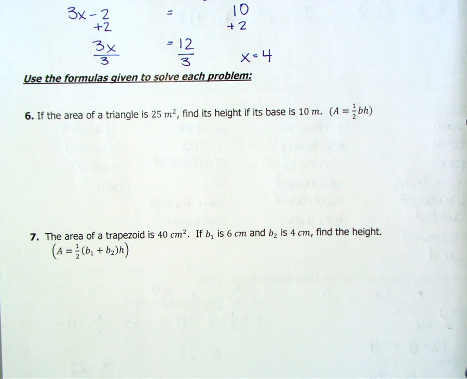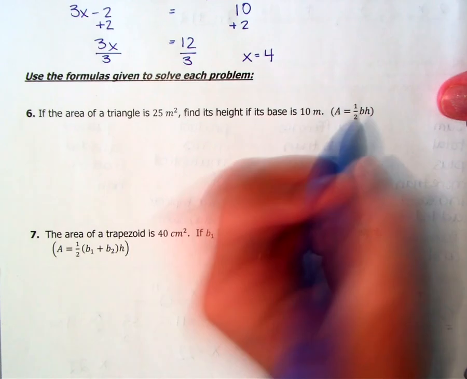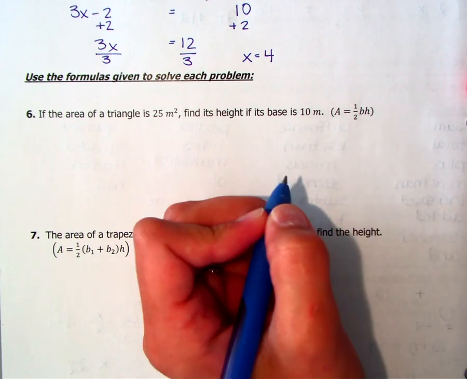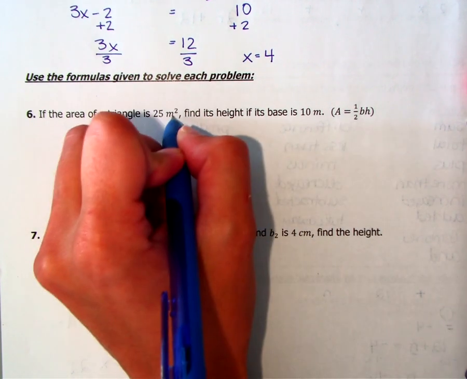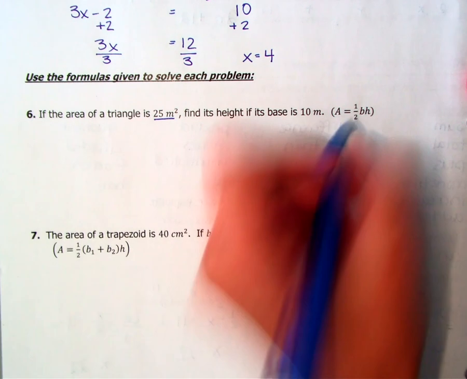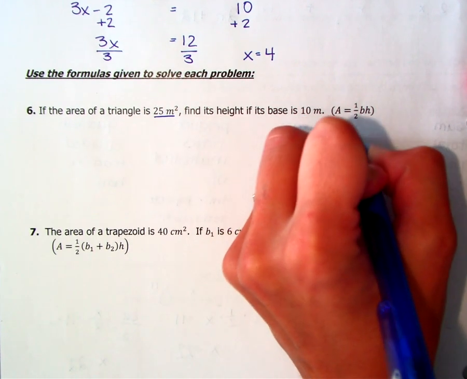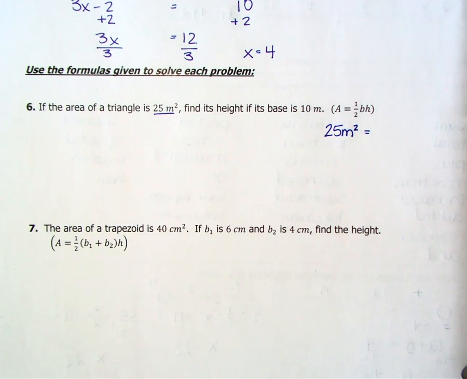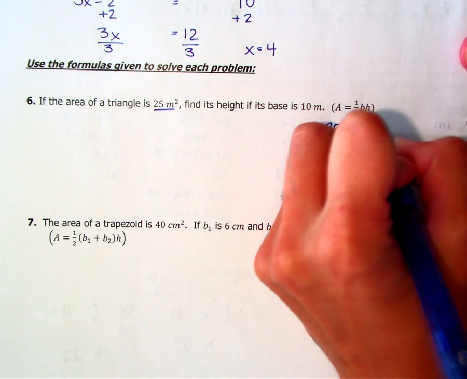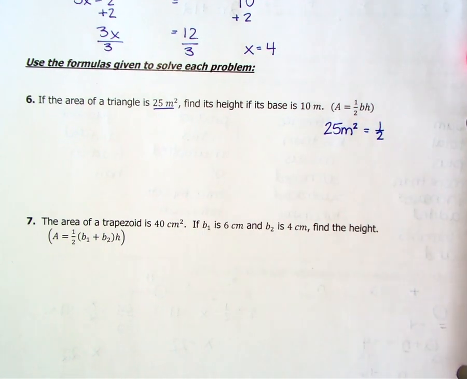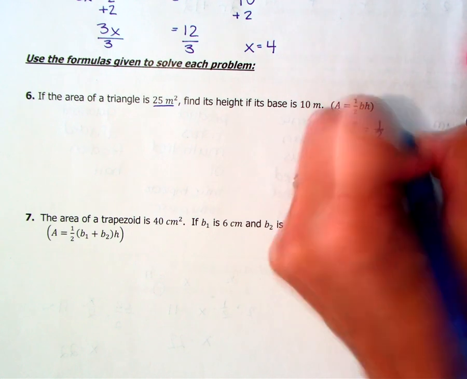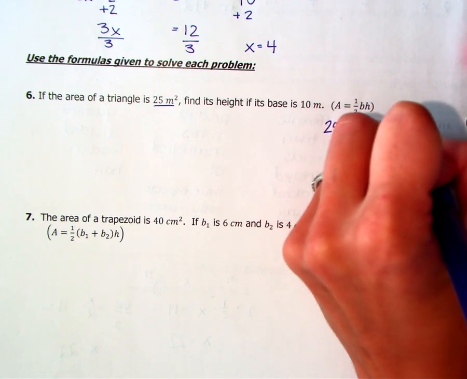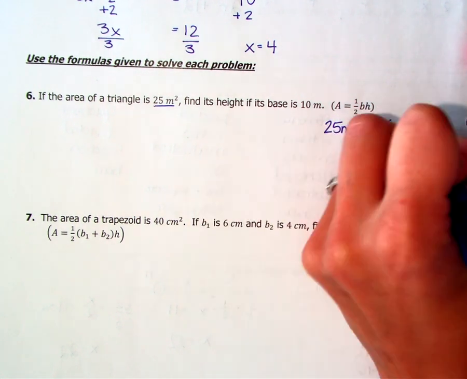Area equals 1/2 base times height. Alright, so if we use this equation, the area is what? 25 meters squared. We'll say 25 meters squared equals, we keep the 1/2. Do we know the base? Yes. What is it? 10 meters. And do we know the height?